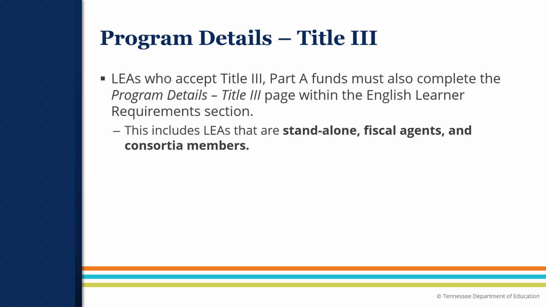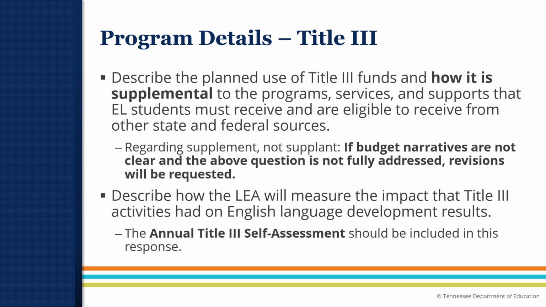With the program details page specifically for Title III, this is everyone who accepts Title III funds. Ensuring that everything is supplemental, you describe what your use of funds were in the budget and add a little bit more detail to this page. And of course, you will discuss the annual Title III self-assessment when it comes to the impact of Title III activities.